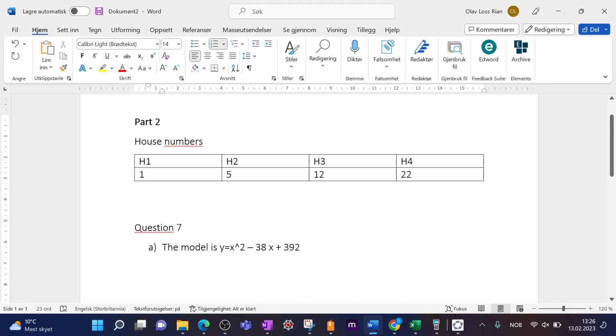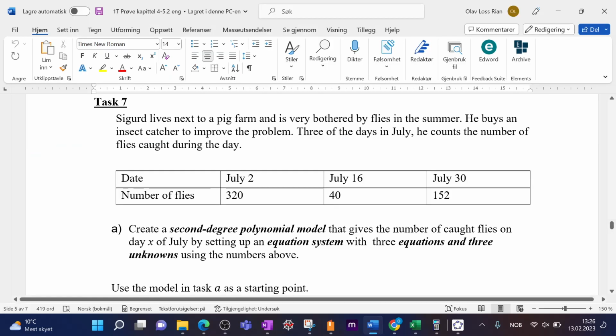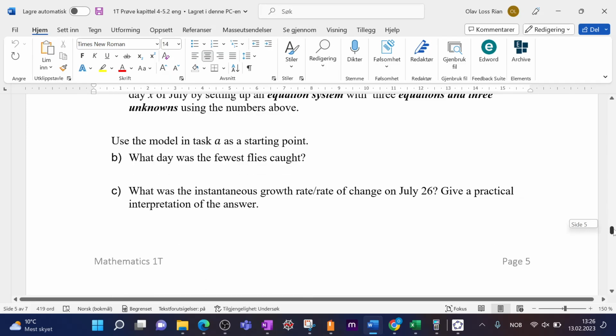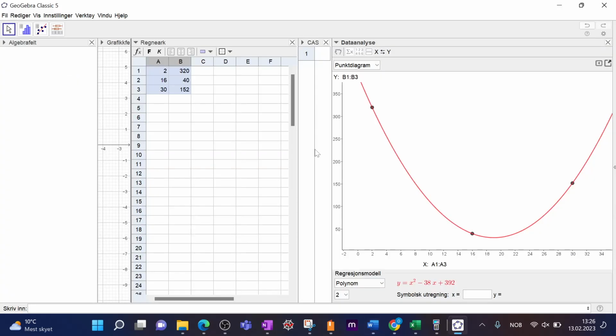And the next question is, use the model in question A as the starting point. What day was the fewest flies caught? And some of you misunderstood the question here, I think.